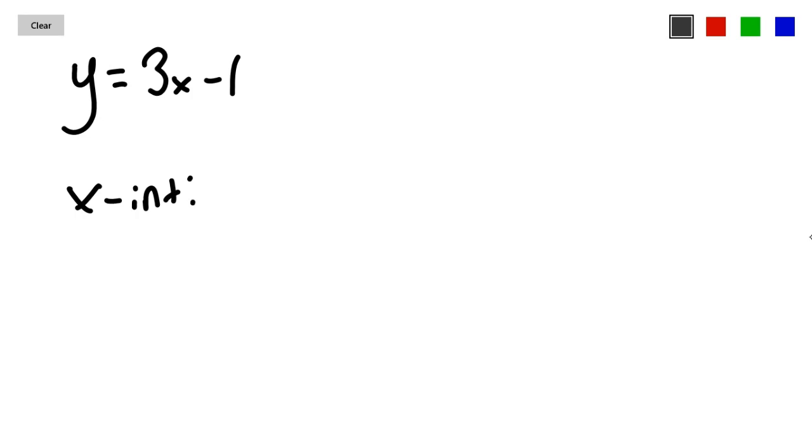Let's say that I have y is equal to 3x minus 1, and I want to find the x-intercepts as well as the y-intercepts. So recall that the x-intercepts are the point at which the graph crosses the x-axis. So we know that our y-coordinate is going to be equal to 0 because the y level that the x-axis lies on is y is equal to 0.